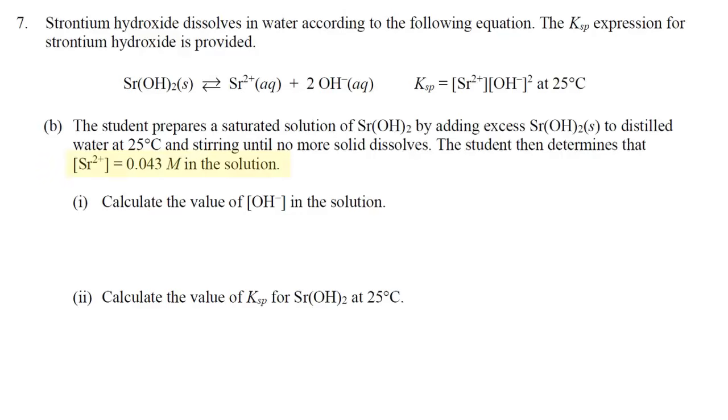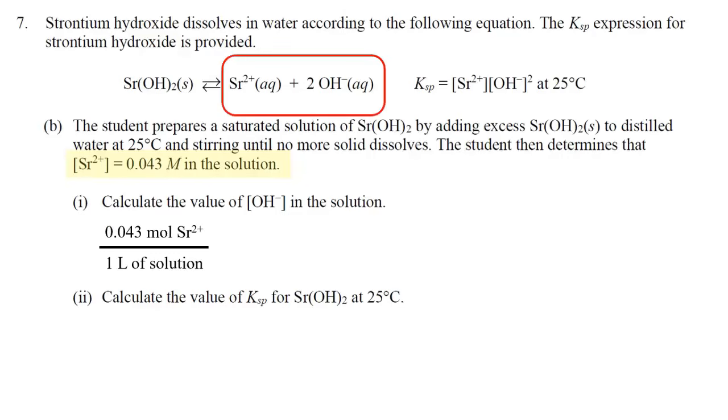So to calculate the concentration of the hydroxide ion in the solution, all we have to do is recognize that there is a 1 to 2 mole ratio between strontium ions and hydroxide ions in the solution. So we can create a conversion factor that says there are 2 moles of hydroxide ions in the solution for every 1 mole of strontium ions in the solution.